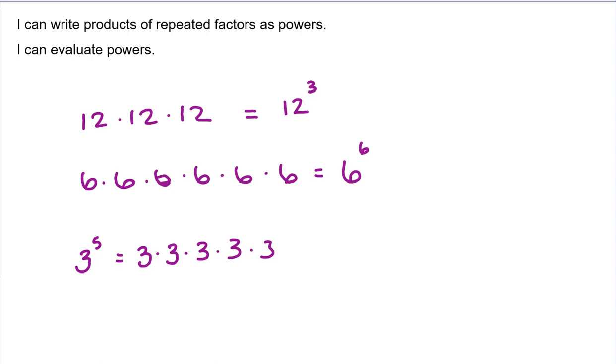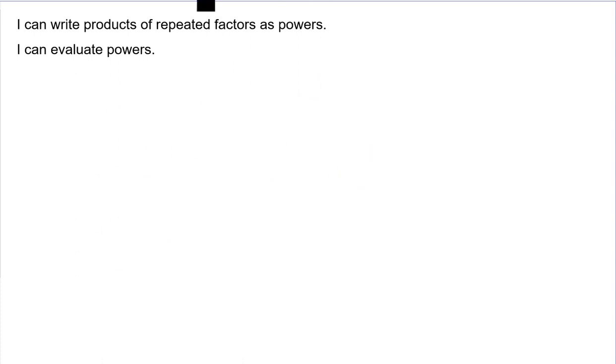The next thing we want to be able to do is evaluate our powers. So let's clear a spot here. Let's say we have 7 to the exponent 2, or 7 to the second.